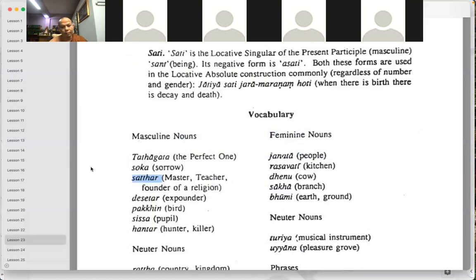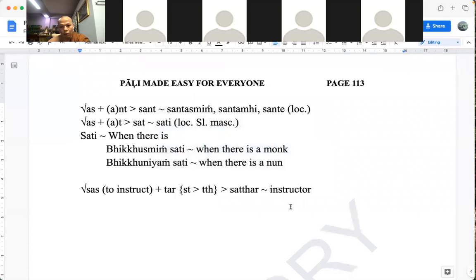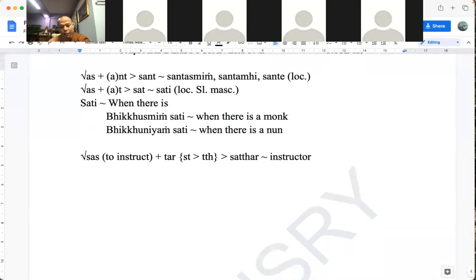The consonantal noun. So that is a master, teacher, or founder of religion, sattha. But originally from the root sas, instructor. And also here, dhatar, we already learned. So dhatar is at the dhatar base. Okay, dhatar. And here pakkhi. So pakkhi is actually also the possessive adjective, but used as a noun. Pakkha means wing.